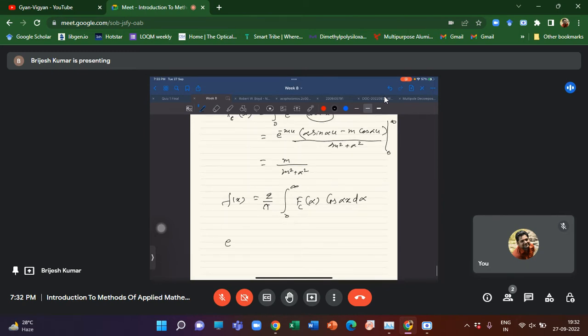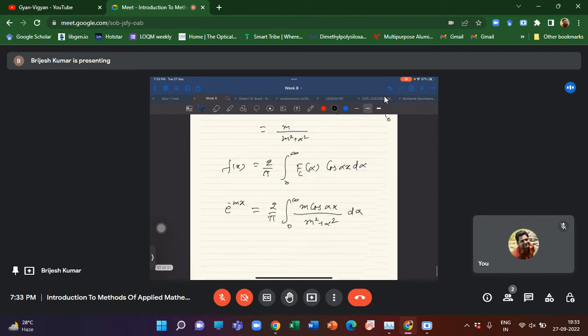Okay, so e to the power minus mx equals 2 upon pi, integral from 0 to infinity of m cos alpha x upon m square plus alpha square d alpha.